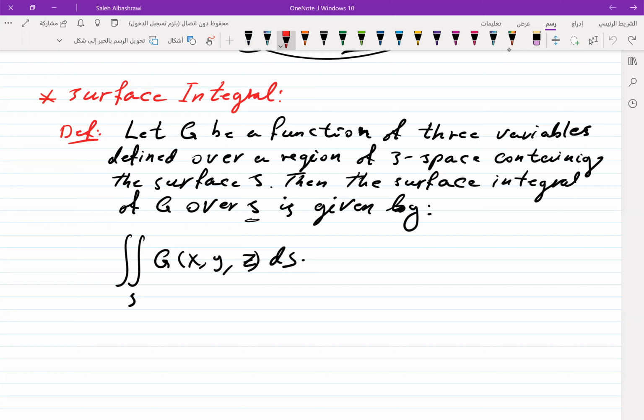We know that the differential of the surface area is given by the square root of 1 plus f sub x squared plus f sub y squared dA.